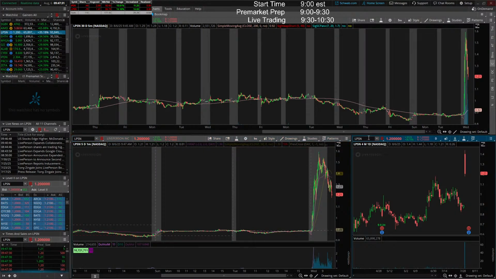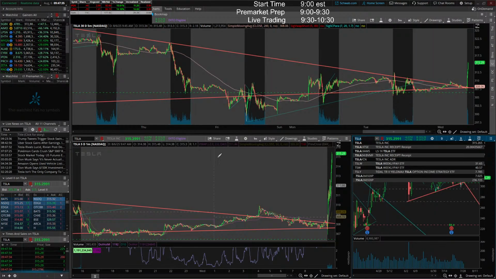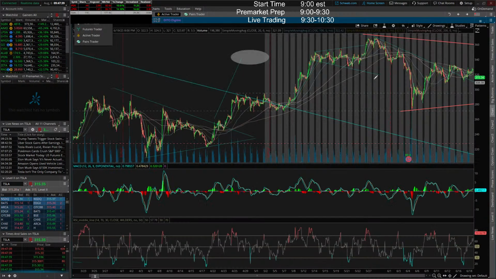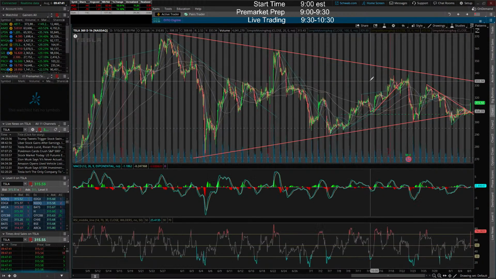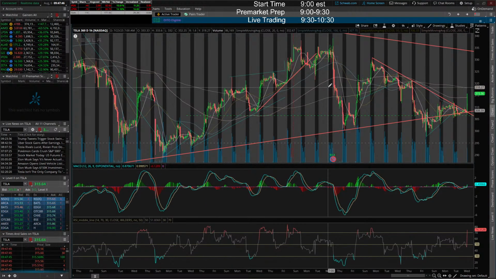Dang, Tesla is just ripping it up. So confirmed trend holds, looks like, on Tesla.